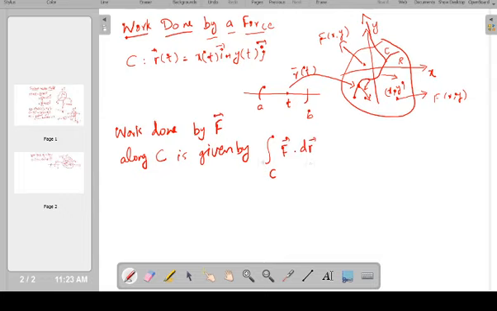Now you sum over that or you integrate over that. So this is the work done.